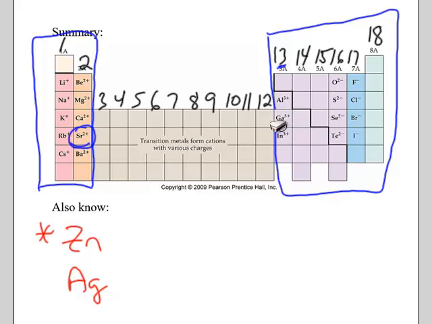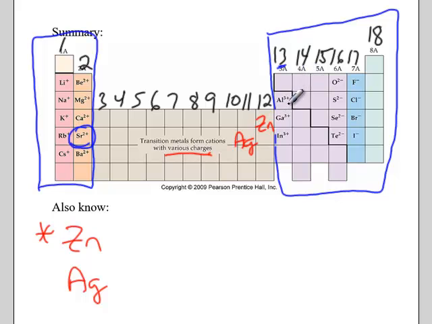Zinc and silver are found diagonally touching aluminum, so you have zinc right here and silver right there. So these are definitely not main group metals. And this table is showing you that transition metals, such as zinc and silver, usually form cations that have various charges. So if it's various, we can't predict it, but for these 2, you can.